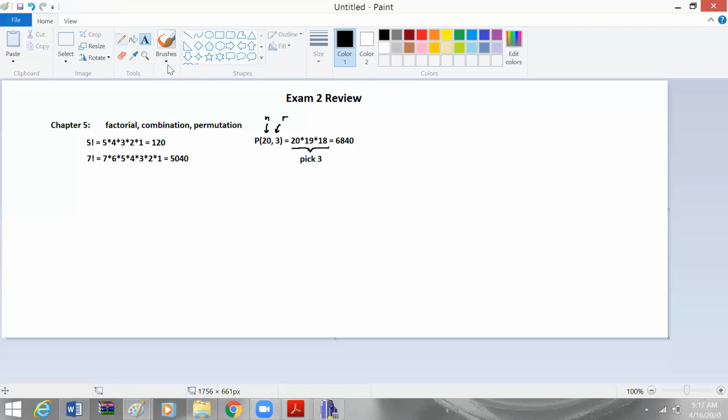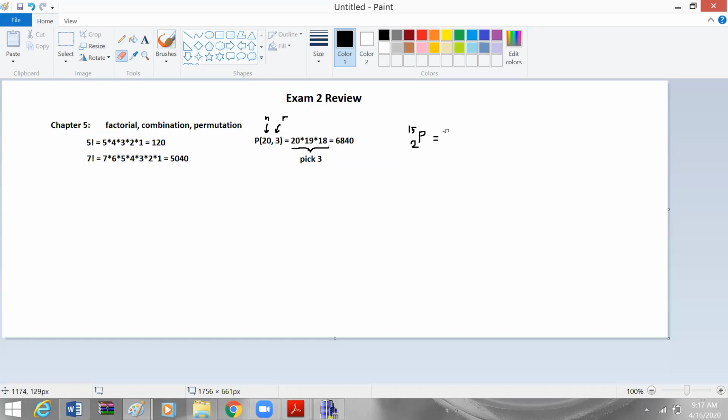Okay, so let me just give you another question regarding the permutation. There is another way that we can write them down. Instead of putting down P20 pick 3, the question can also give us P of, let's say, 15 and pick 2. So now we only pick 2 numbers, not 3, right?